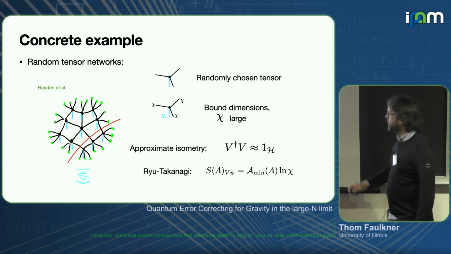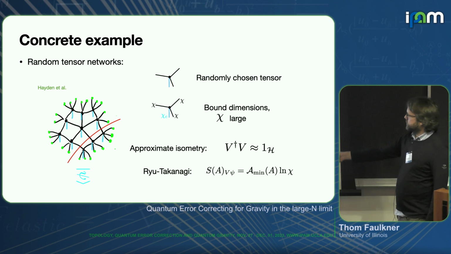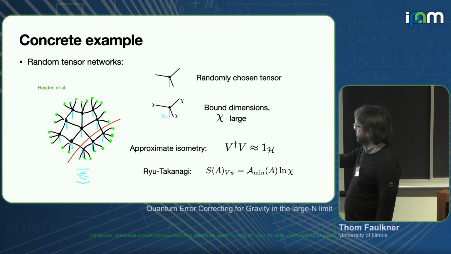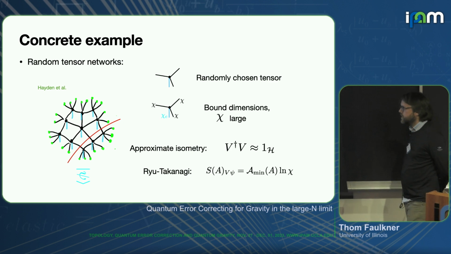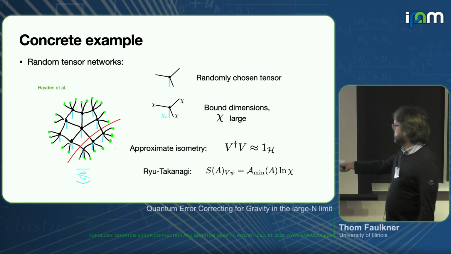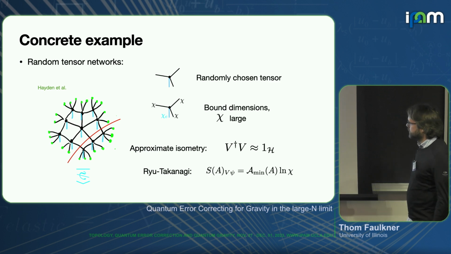So there's some minimal cut, and then the entropy is just related to that minimal cut times the log of the bond dimension of the legs that you're cutting. Okay, so this is very big. So this is like the dominant answer.